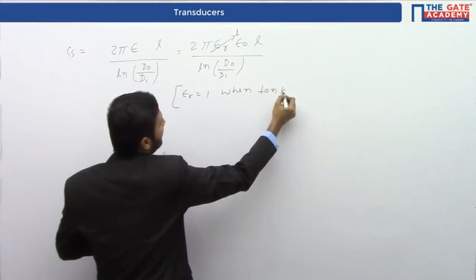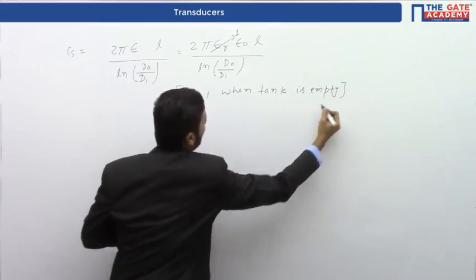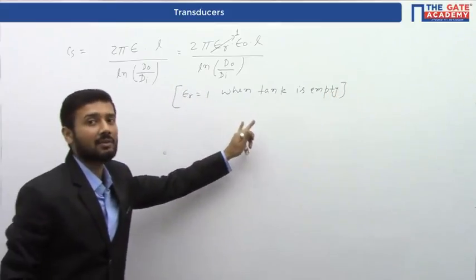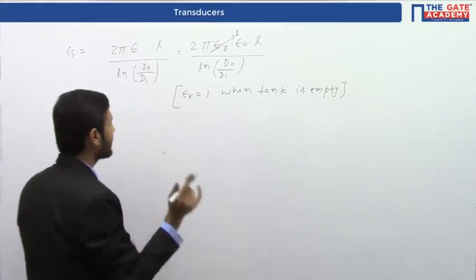When the tank is empty, epsilon r will be equal to 1. So we have to put all these values.